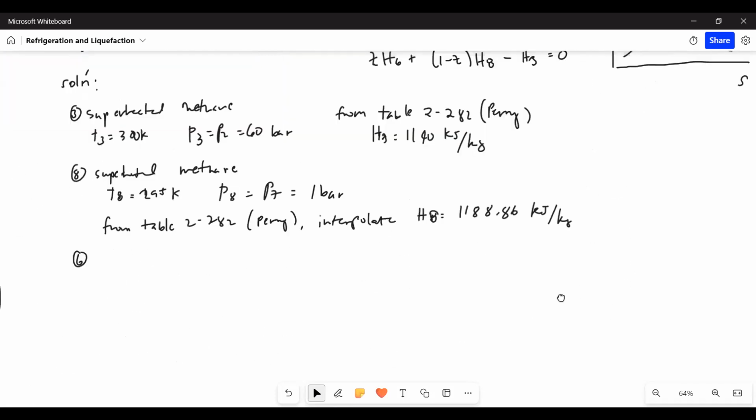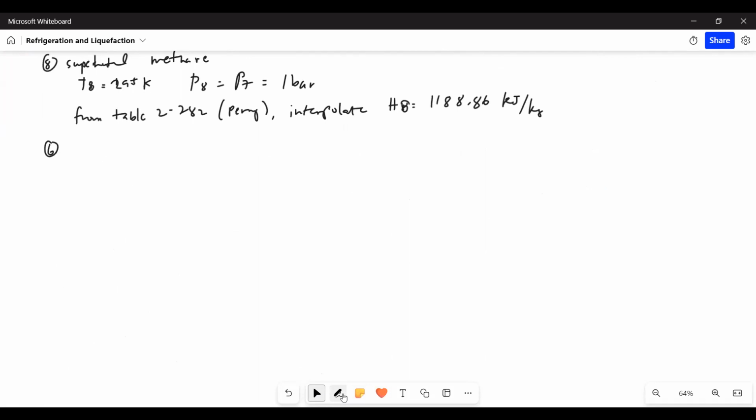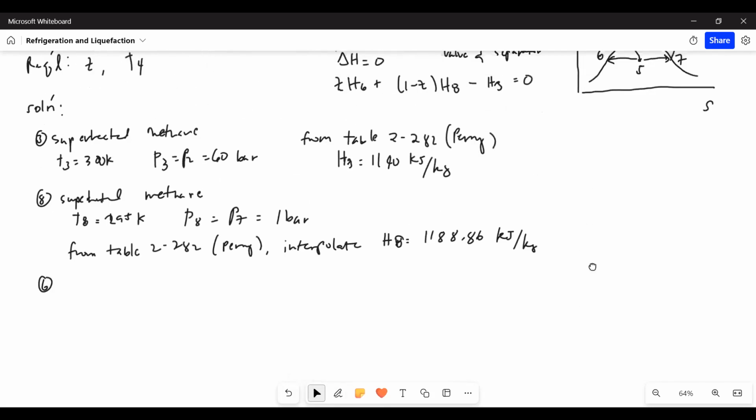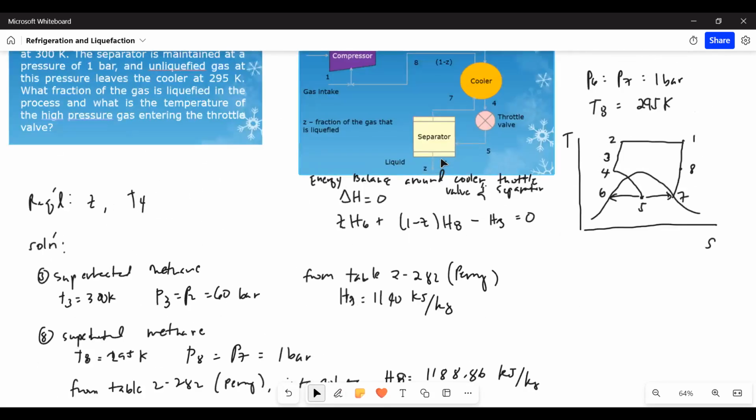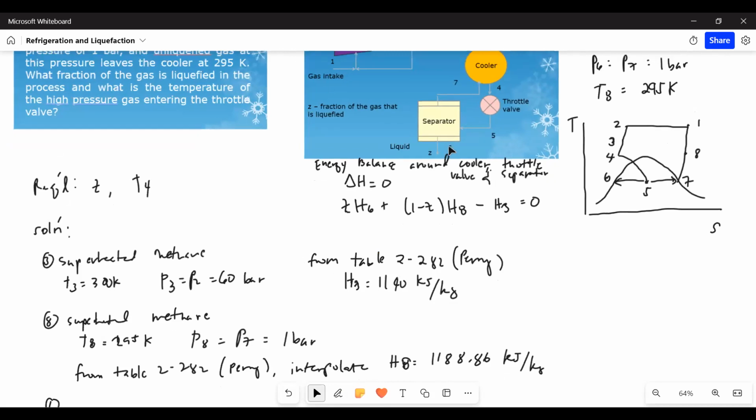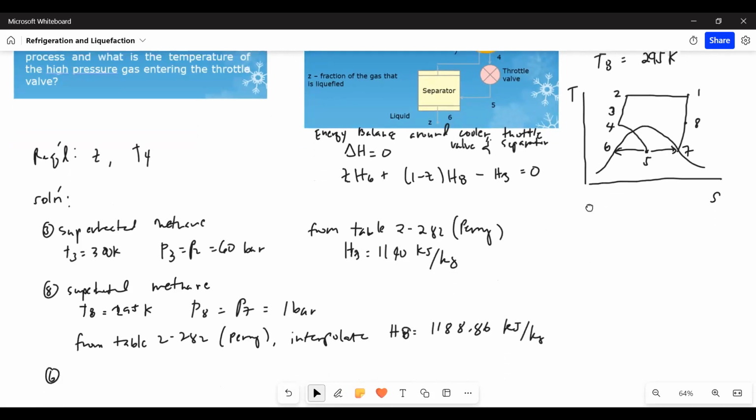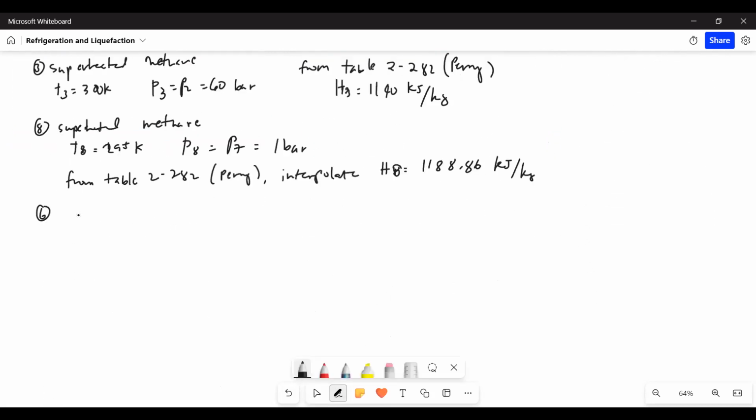Saturated liquid. At H6, the state is saturated liquid, and that is the part where the fluid leaves the separator as a liquid. Okay, so that is a saturated liquid.